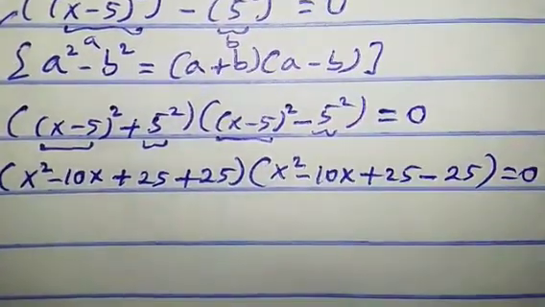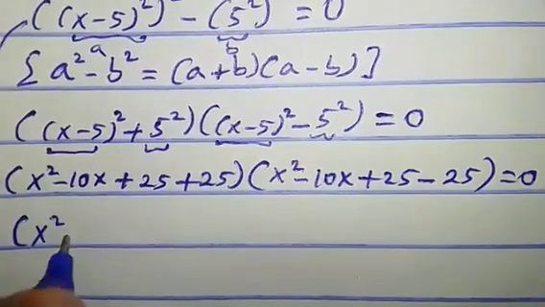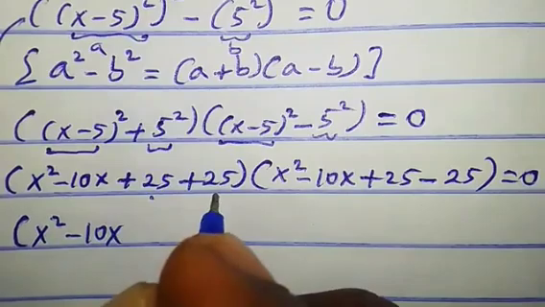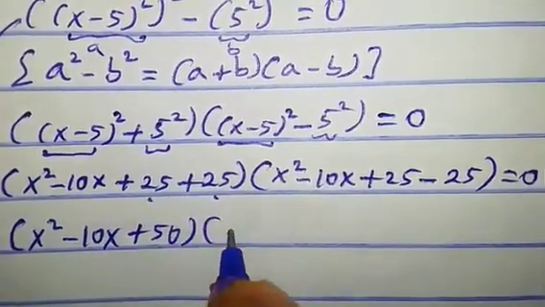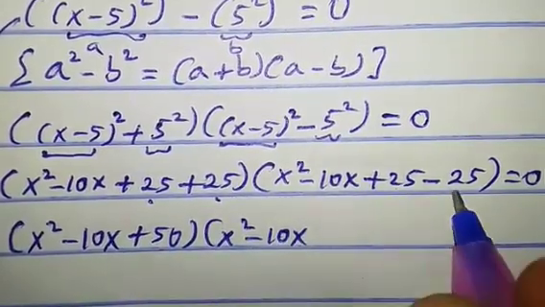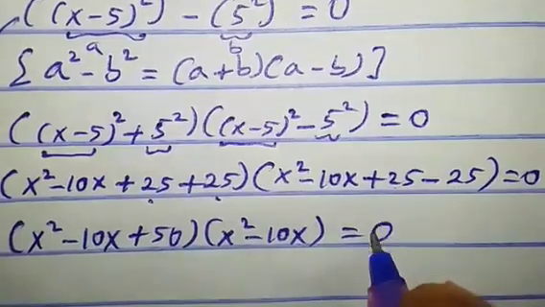So we have (x^2 − 10x + 25 + 25, that is 50) times (x^2 − 10x + 25 − 25, that is 0). Close the brackets, equal to 0.